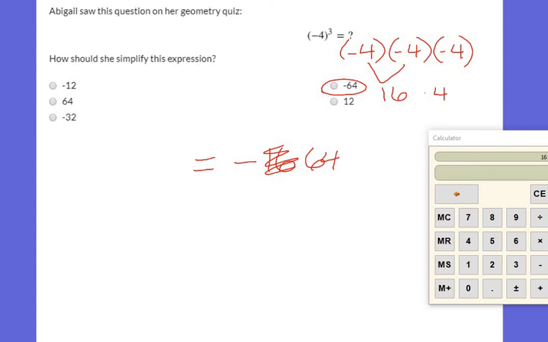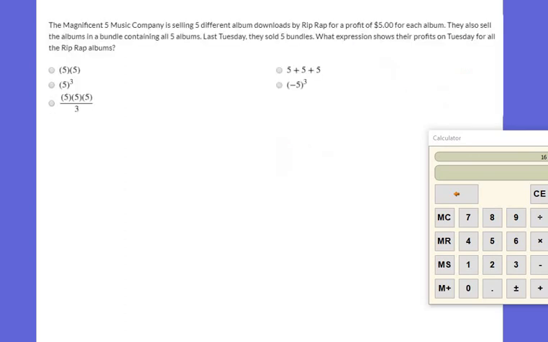Okay, let's try another question. The Magnificent 5 music company is selling 5 different album downloads by Rip Rap for a profit of $5 for each album. They also sell the albums in bundles containing all 5 albums. Last Tuesday, they sold 5 bundles. Man, lots of 5s.